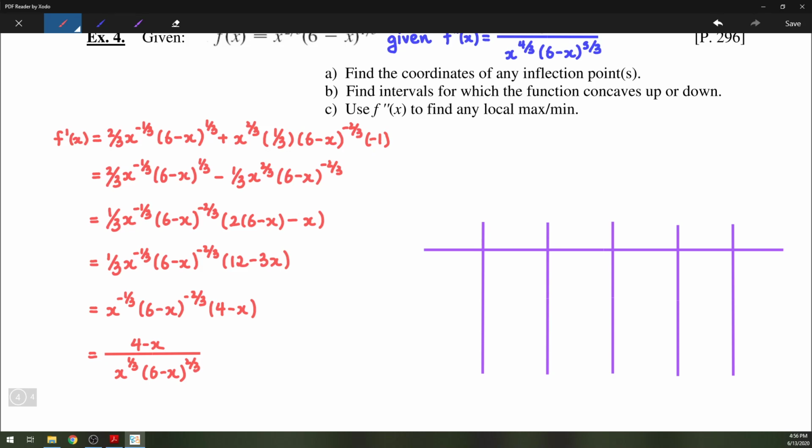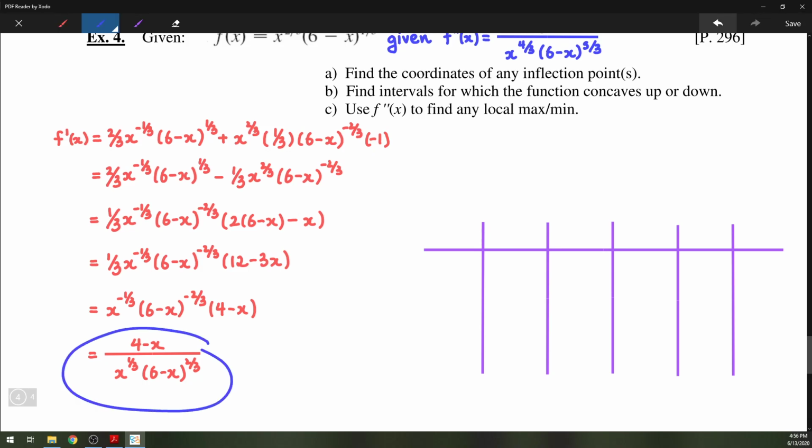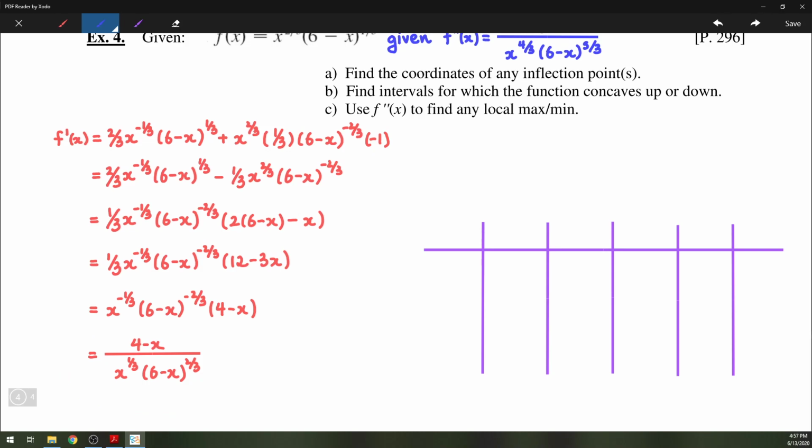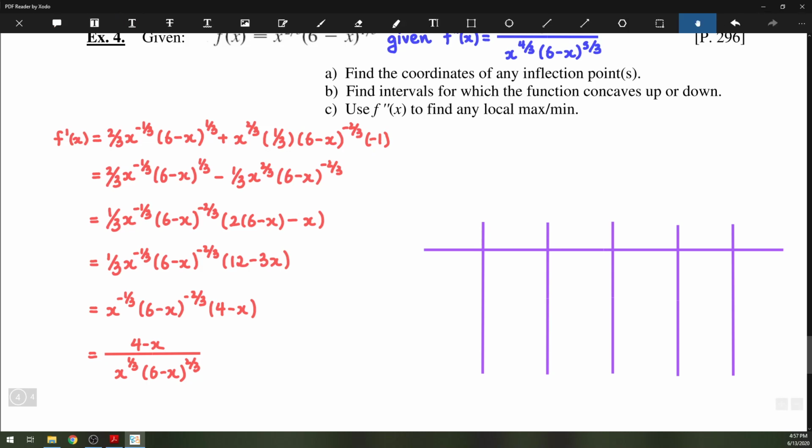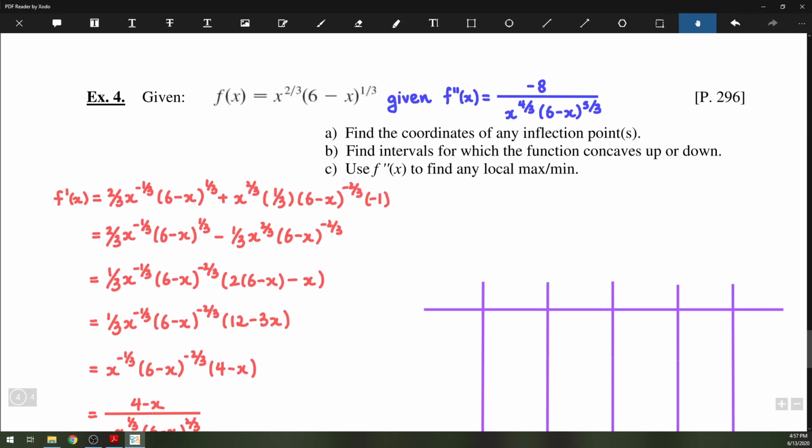All right, so now if we were to differentiate this, we would have to apply the quotient rule and then also the product rule to the denominator. So it does get a little bit tricky, but the second derivative is already given to us here at the top of the question. So we'll just be using that for part A.